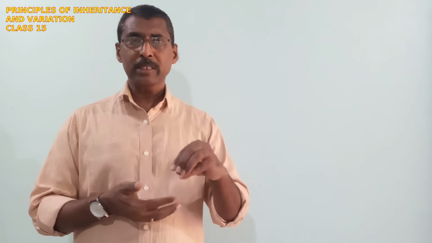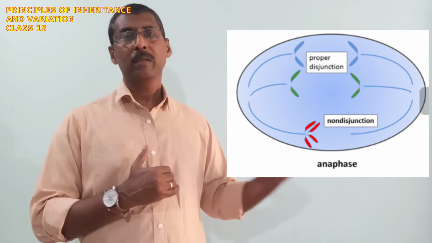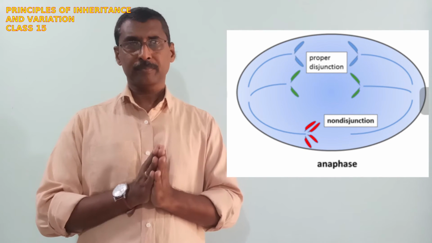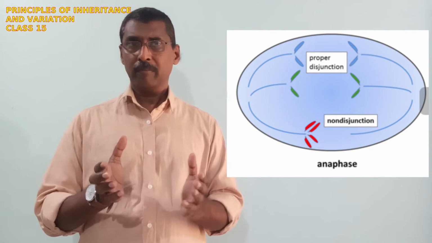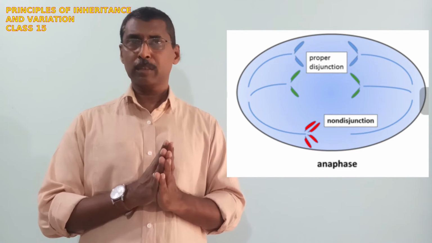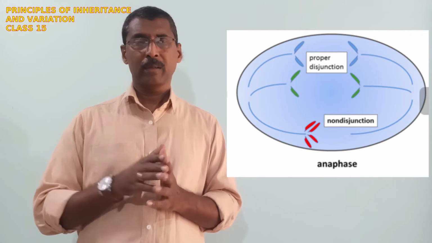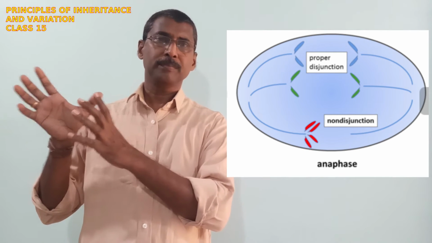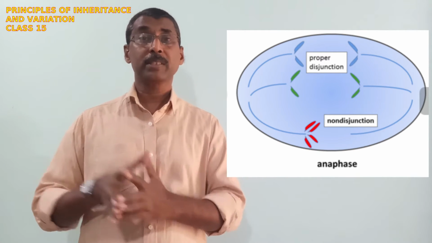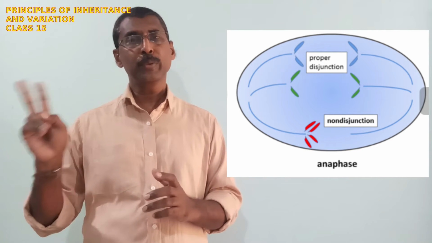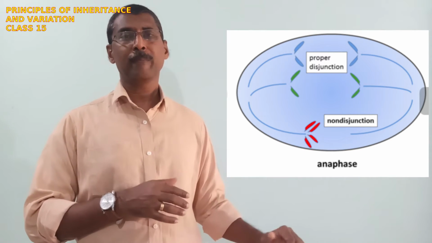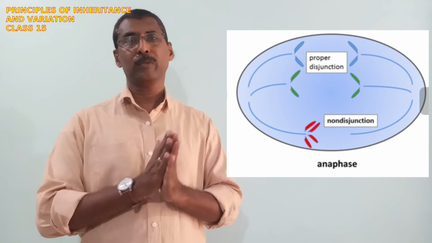But due to non-disjunction, these X chromosomes sometimes move together to one pole and the other pole would not get any X chromosome. That means when gametes are formed as a result of meiosis, certain ova would get 2 X chromosomes and certain ova would not get any X chromosome.